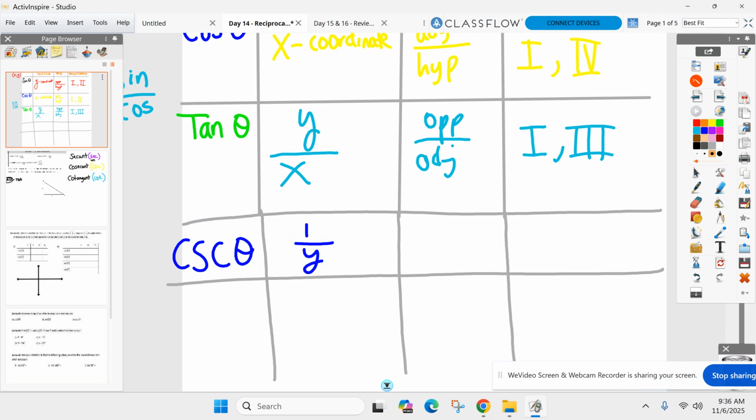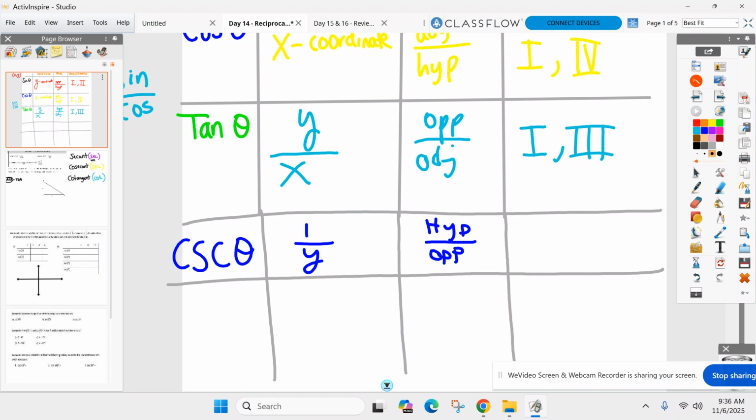What was sine for a right triangle? SOHCAHTOA, what's sine equal to again? You guys know that. It's going to be opposite over hypotenuse. Woo! Flip it. What's cosecant going to be then? Hypotenuse over opposite. And here's the best news yet. Wherever sine's positive, so is cosecant.